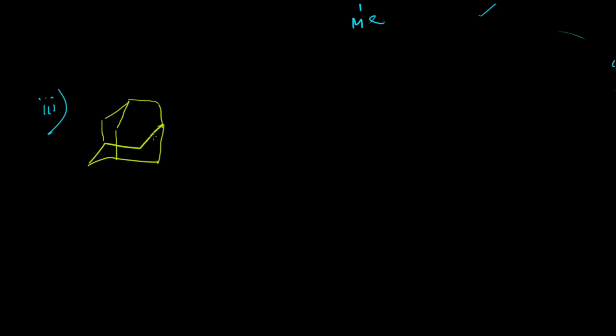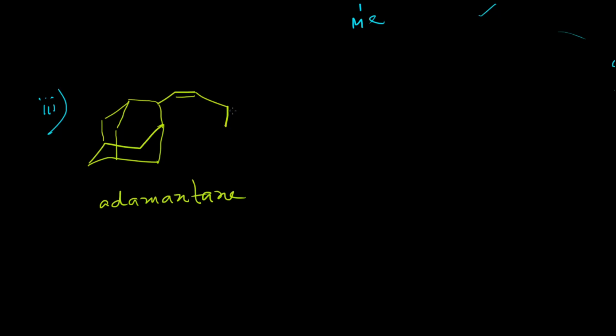This group or this molecule is called adamantane. If an alkene contains this type of substituent, then it will be sterically very unapproachable. That is, a nucleophile or electrophile will face severe steric repulsion during the reaction.